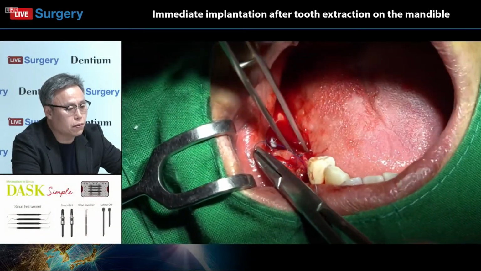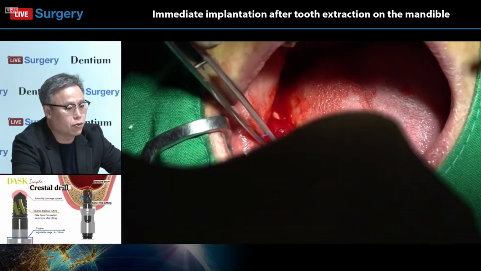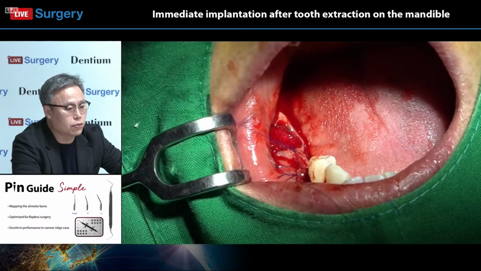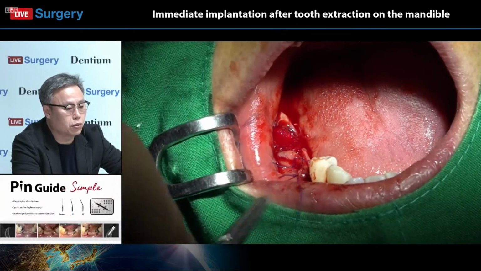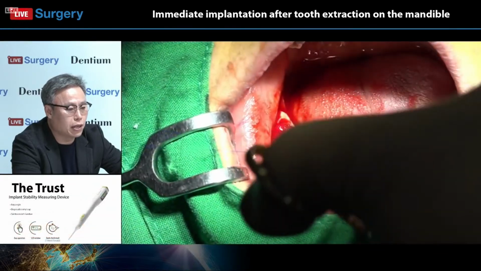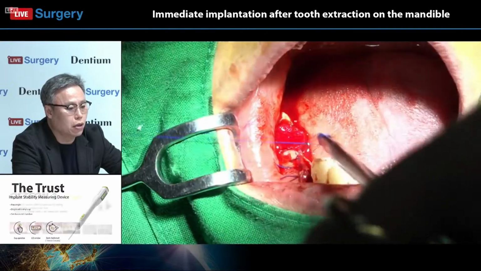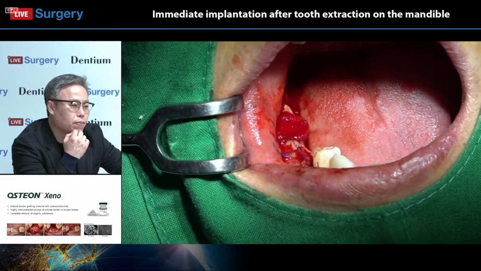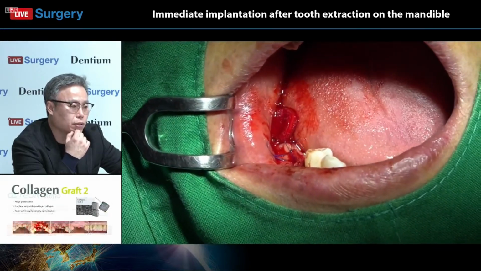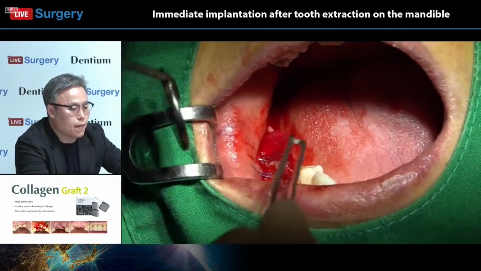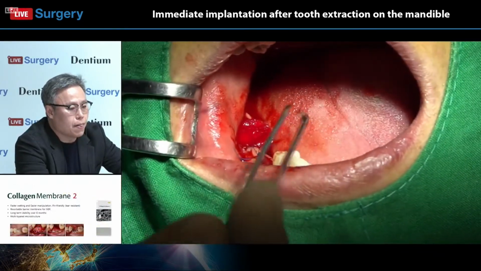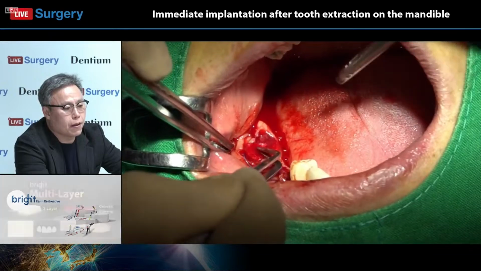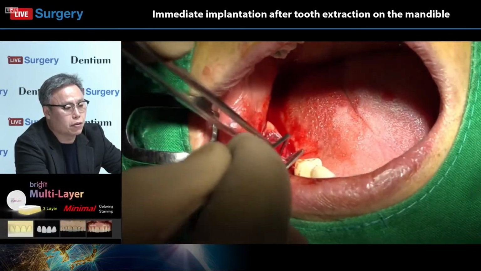I think he has enough flap for primary closure. Probably he's applying the collagen matrix worrying about some exposure, worrying about not getting the primary closure maybe. I think he already got enough flap for the primary closure. Let me tell you after he's done.